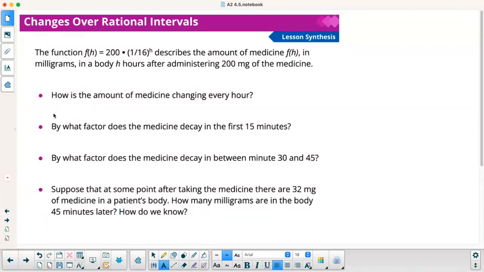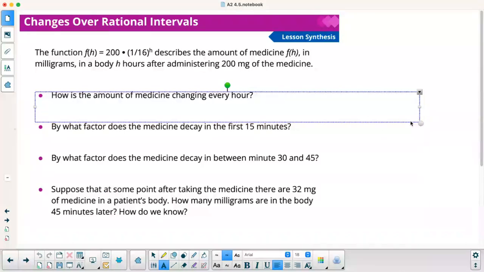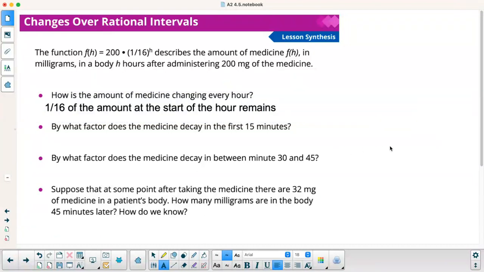So I would say 1/16 of the amount at the start of the hour remains.